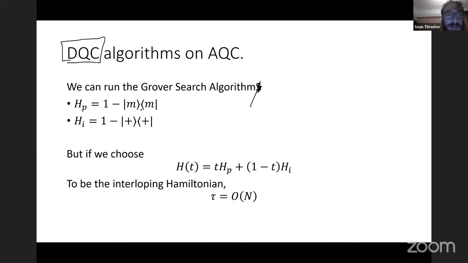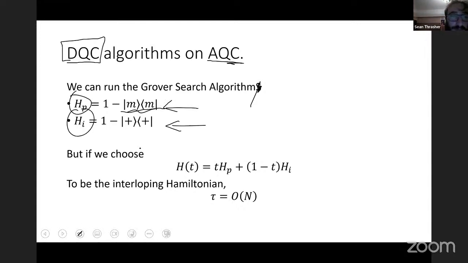You want to find a marked object, and you can write an algorithm that can be run on an adiabatic quantum computer. The choice of the final Hamiltonian is this, because the ground state of H_P is the marked item. And this is what we start off with, because you can prepare a plus state with a Hadamard gate.